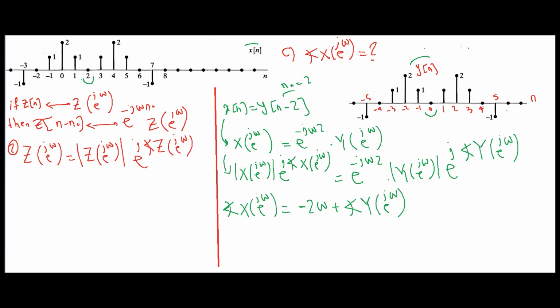Now, if you look at y[n], you will see that it is a real and even signal. We know that the Fourier transform of a real and even signal is also real and even.